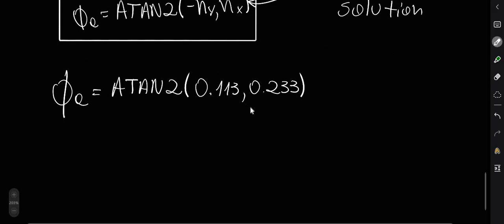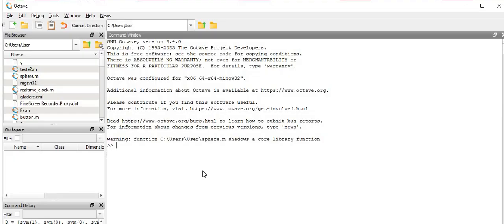So let's use Octave to help us. Let's clear the Octave memory.